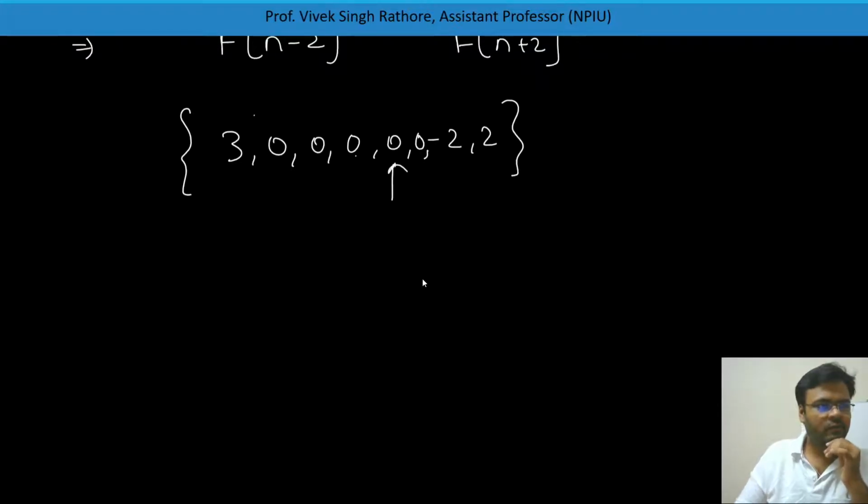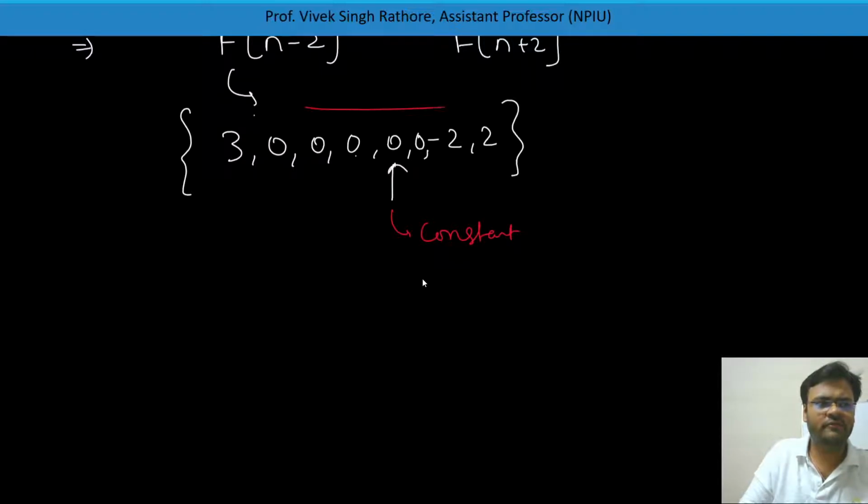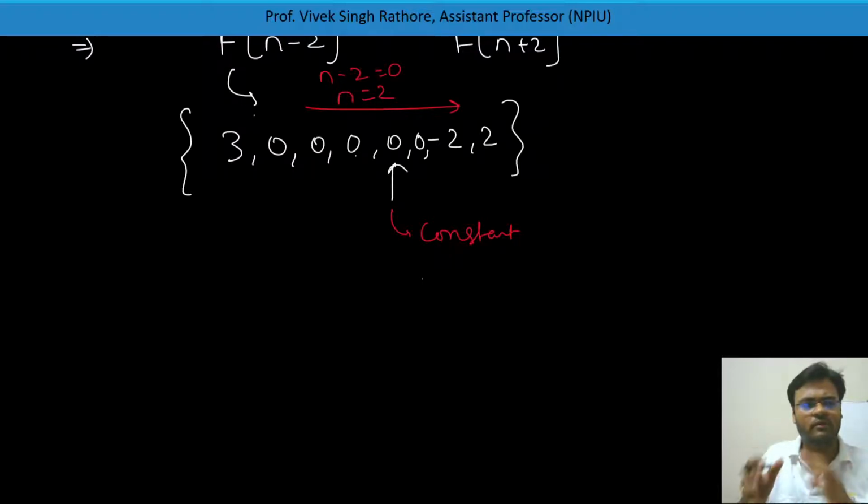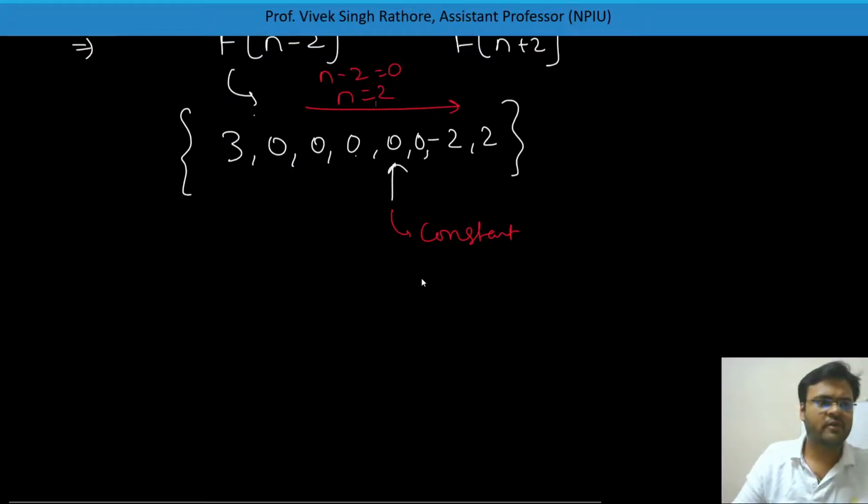Now if we have to calculate f[n-2], f[n-2] means we shift towards the right hand side. The whole signal will shift toward the right, but the arrow will remain constant. How much do we shift? If you equate n minus 2 is equal to 0, then n is equal to 2, so we have to shift by 2.